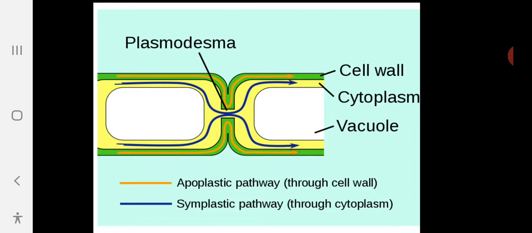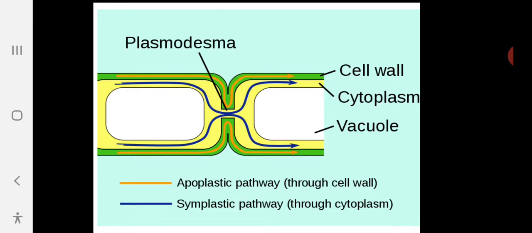Here, through this plasmodesmata, the cells communicate with the cytoplasmic strands. Within the tissue all the cells are connected with the plasmodesmata, they are communicated. That's why the living portions of the cells are communicated via plasmodesmata.